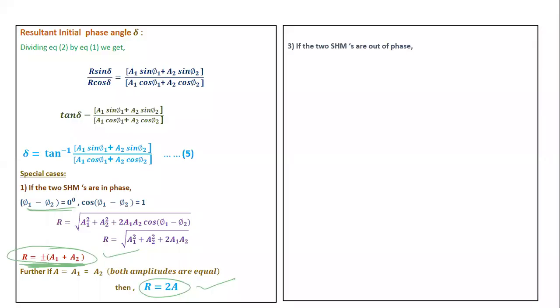Now case 2, if two SHM are out of phase. Out of phase means that the phase difference between these two is 180. It is also called opposite phase.